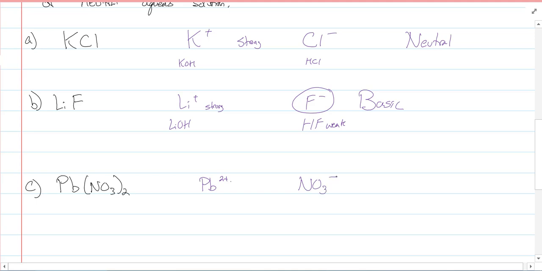Well, NO3- is strong from HNO3. It's neutral, strong acid. Nitrate's on the no hydrolysis team. Lead, we have lead, and lead's a metal. And it's not on the no hydrolysis team, so it's going to be acidic because all these metals are acidic.